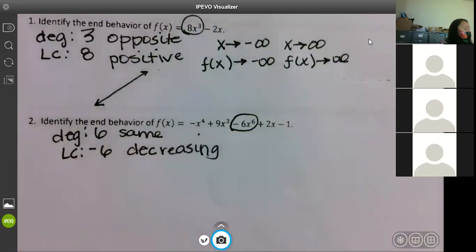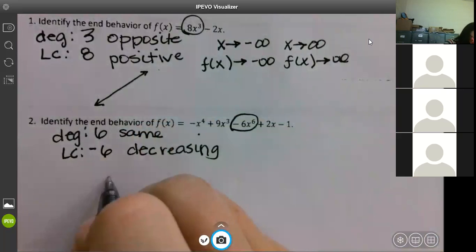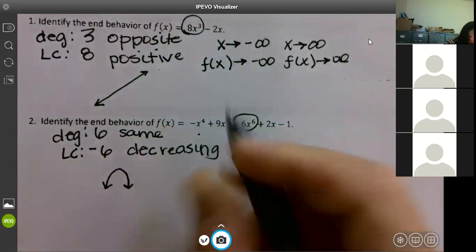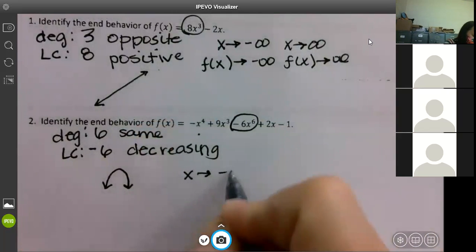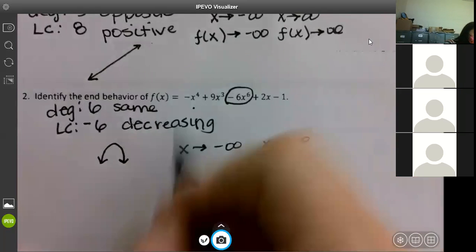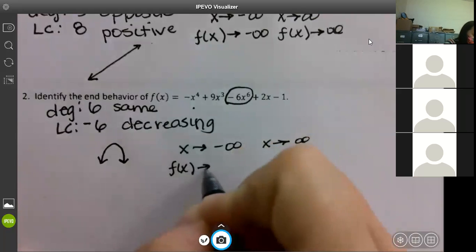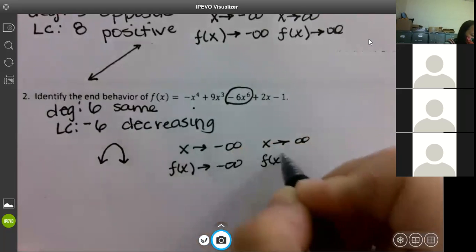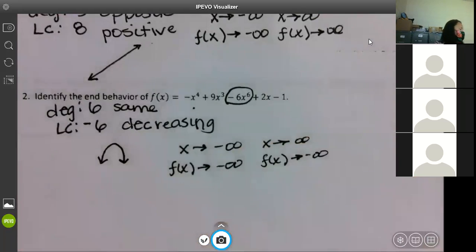You can put negative, decreasing. I don't care as long as you know it points down. So same direction and down means that when we look at it on the left and the right, where is it pointing? Negative infinity on both sides. Perfect.